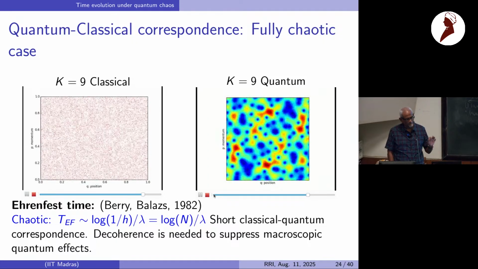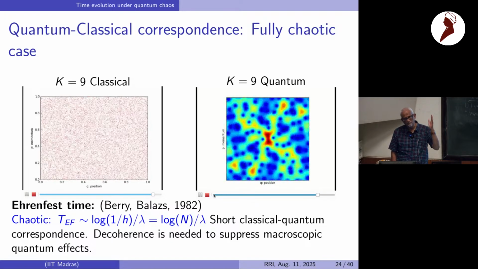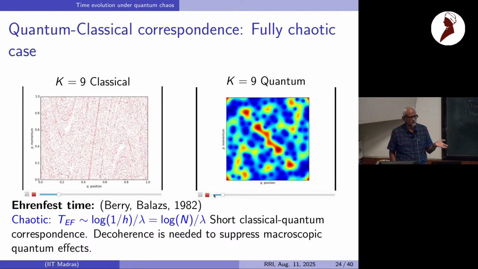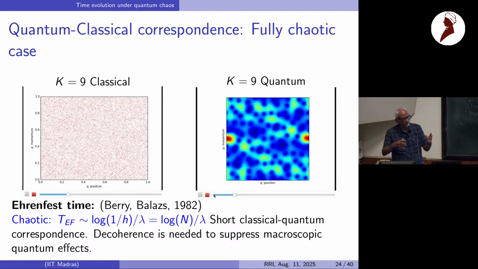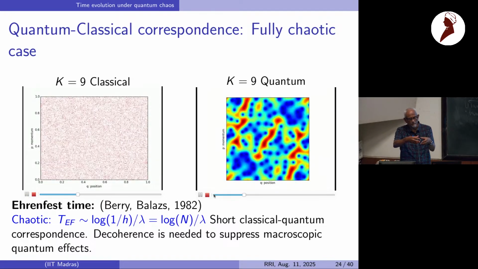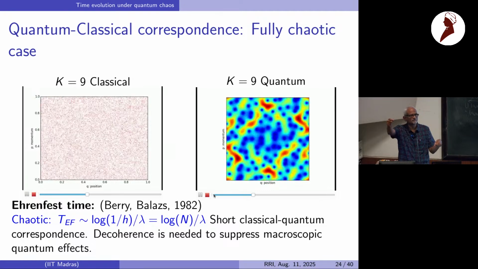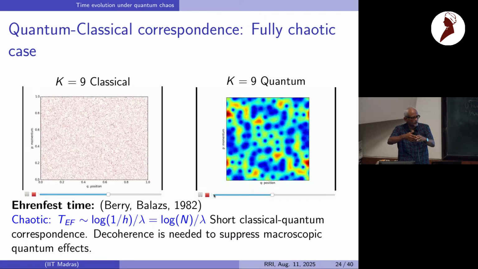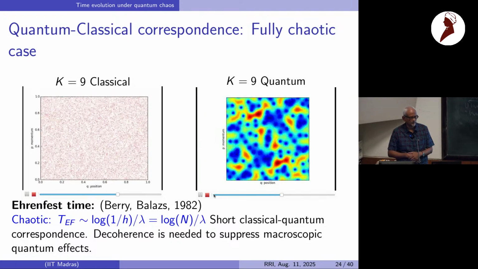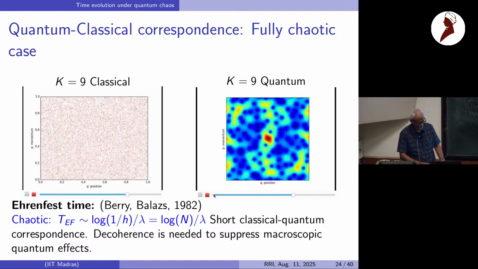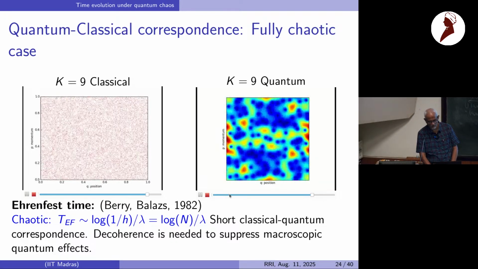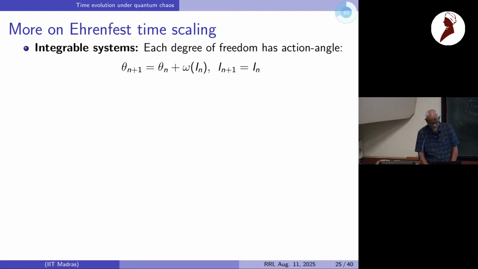So the larger the Lyapunov exponent, the shorter the classical quantum correspondence. Again, it's very intuitive because starting from a wave packet, the Lyapunov exponent determines how fast things are being stretched out. If you want interference to occur faster, your lambda will be larger, and therefore classical quantum correspondence will not hold.